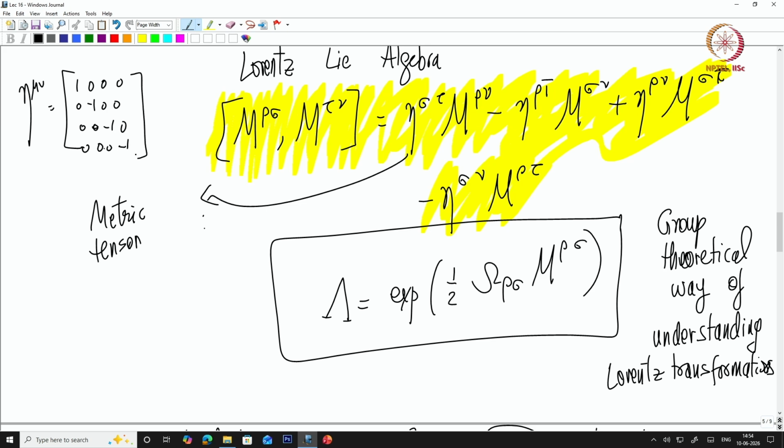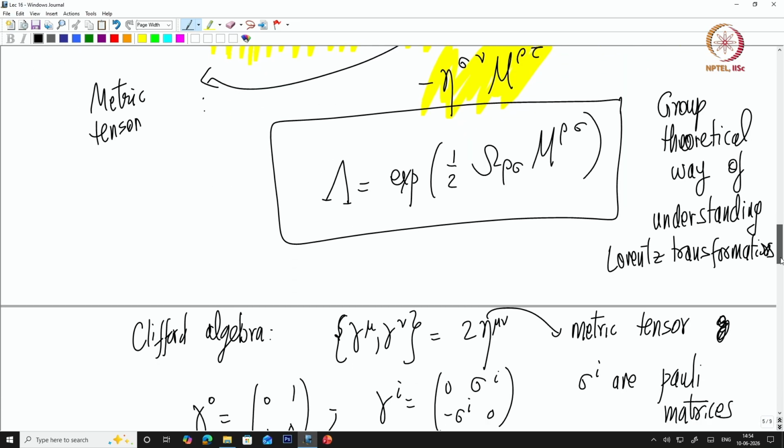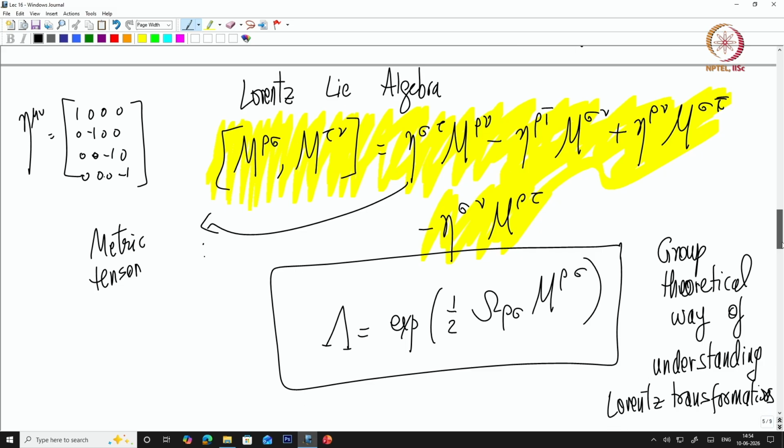You have a choice in this, but let us take this particular choice, which is also sometimes called the Bjorken-Drell metric, and nowadays Peskin also uses this.